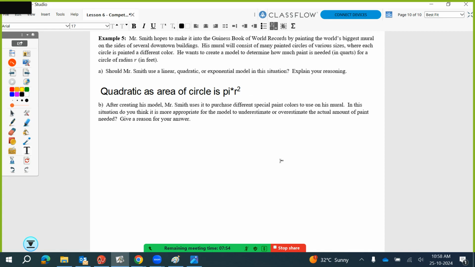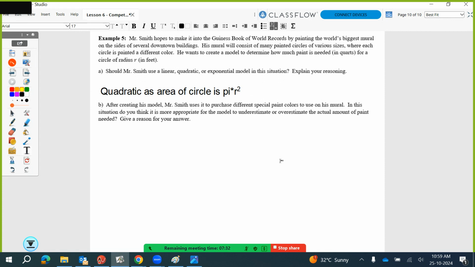After creating his model, Mr. Smith uses it to purchase several different paints of different colors for his mural. In this situation, do you think it is more appropriate for the model to underestimate or overestimate the actual amount of paint needed? Give a reason.